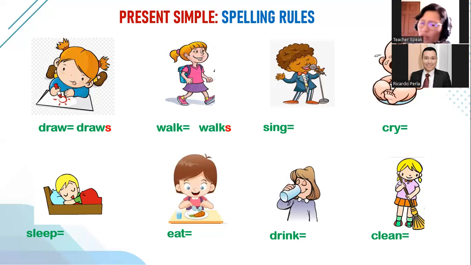Only S. Cry. Change the letter Y and add IES. Very good. Cry. Sleep. Add only S. Okay. What about eat? Add S. Correct. Drink.